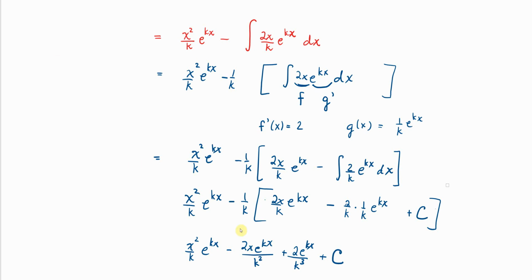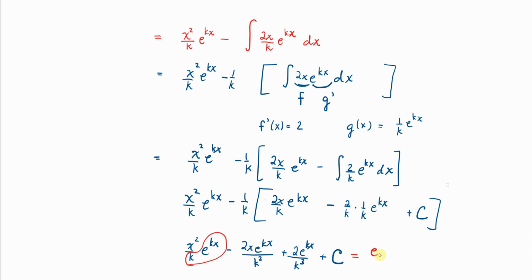Some other ways that you might see this written, because you might take a standardized test, you will see people factor out. Notice that we have 1 over k e to the kx in everything. Okay, so this piece here, 1 over k e to the kx, you could factor that out.